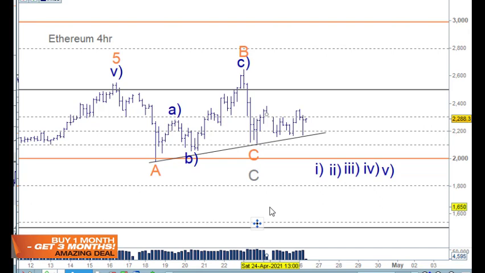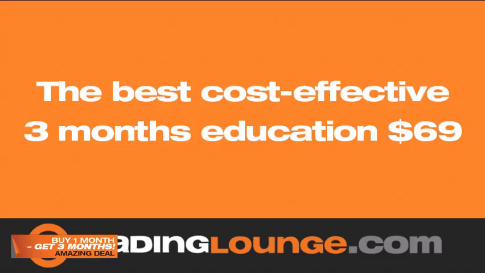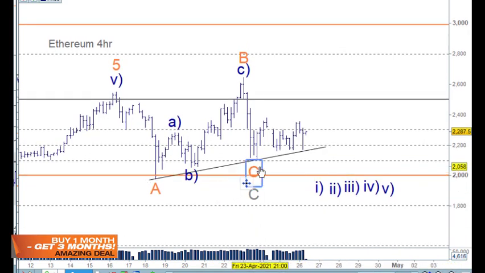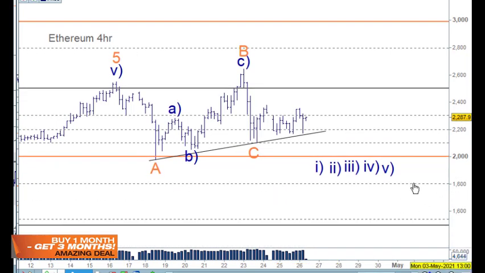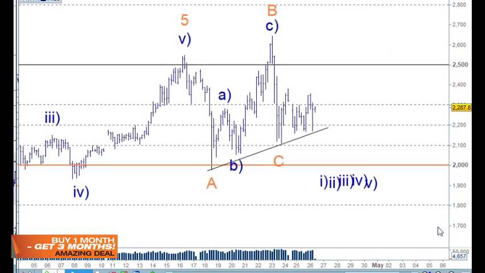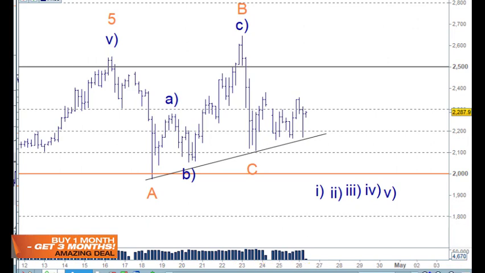So that count that we have for Bitcoin being completed would suit this market if that low was in, we could put that in play there. But that's a bit of a long shot really, because it took the top out here, it kind of leaves it as an expanded flat.